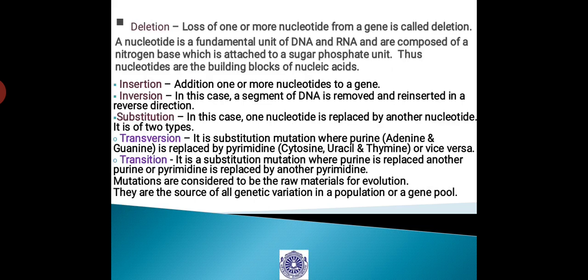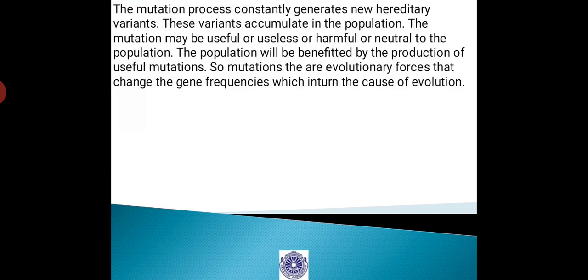And mutations are considered to be the raw materials for evolution, one of the major factors. And they are the sources of all genetic variation in a population or a gene pool. The mutation process constantly generates new hereditary variants, and these variants accumulate in the population.